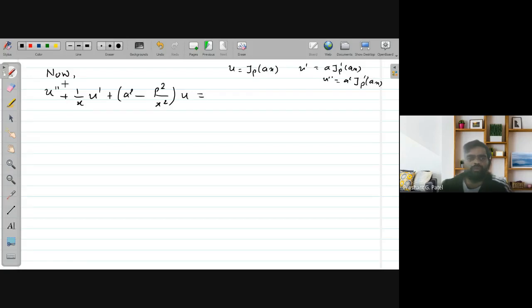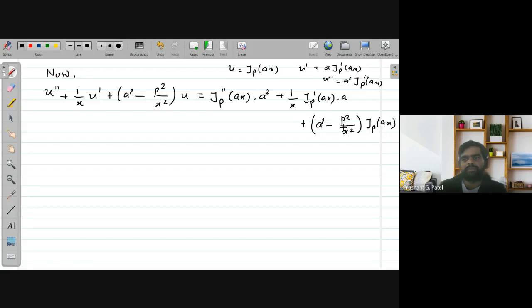So if I use that, this quantity will become Jp double dash of ax into a square plus 1 by x Jp dash of ax into a plus (a square minus p square by x square) Jp of ax.